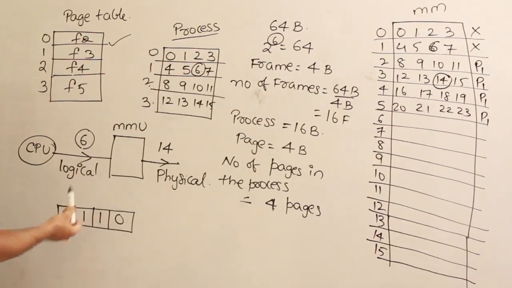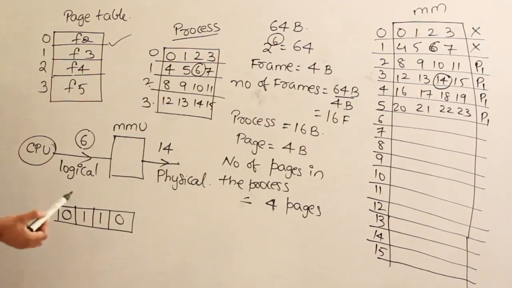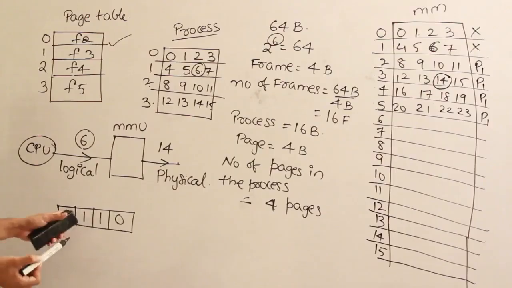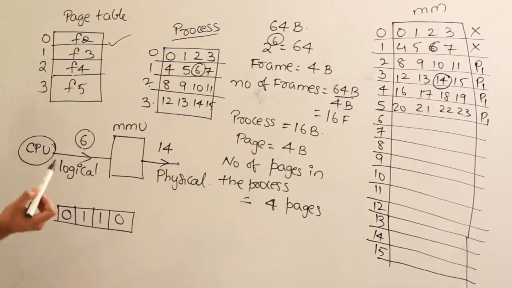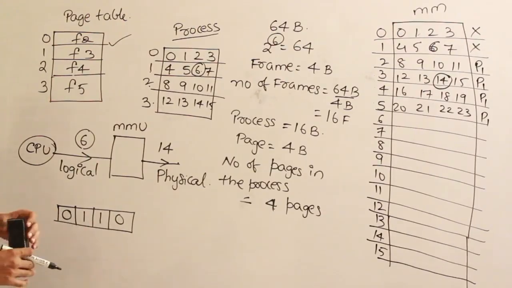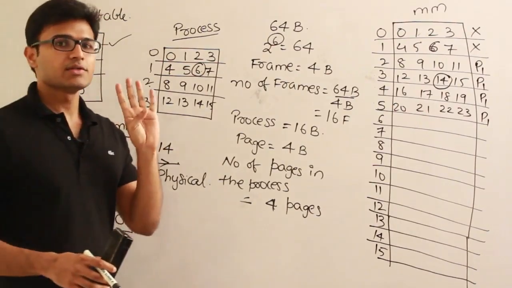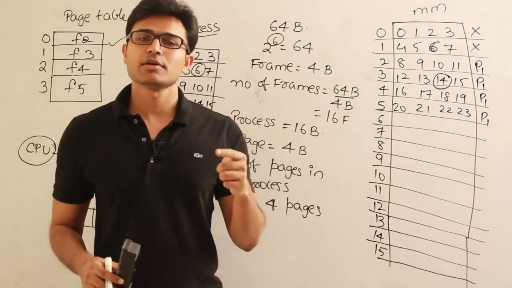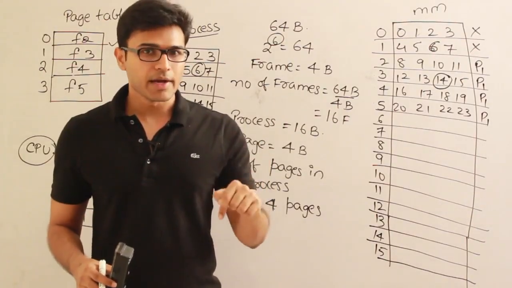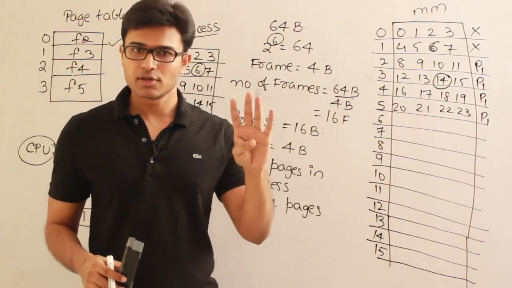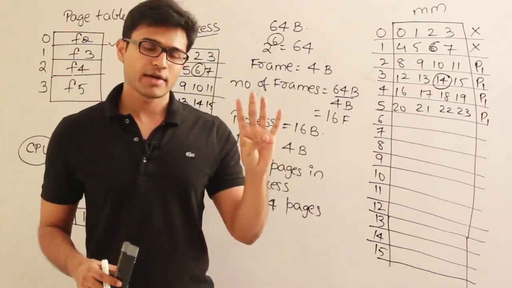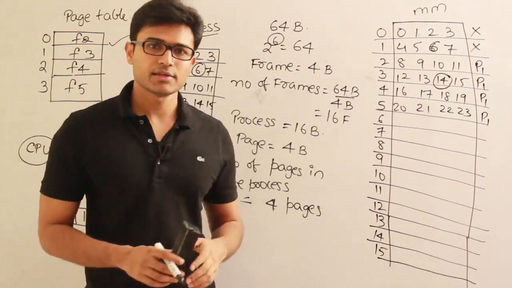Now whenever this address is generated, first you should think about what the offset is. Offset is nothing but the size of the page. The size of the page is 4 bytes, right? So how many bits are required to address each byte in a page? There are 4 bytes, and I want to address one of them. Are you understanding this?